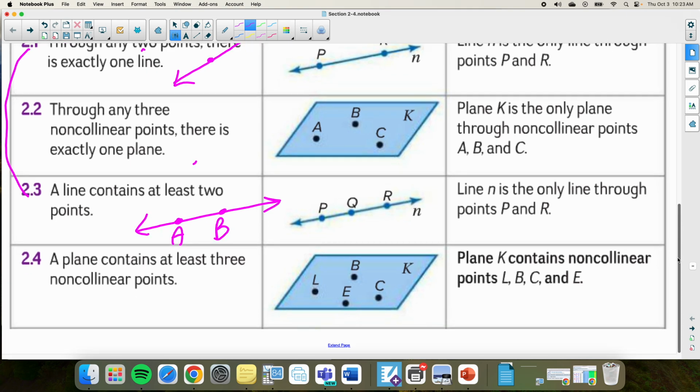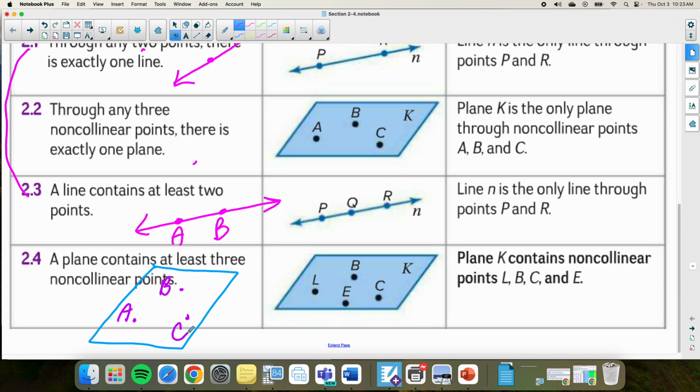Same thing with 2.4. It says here, a plane contains at least 3 non-collinear points. So anytime we have a plane, we know that we have at least 3 points that are not on the same line.